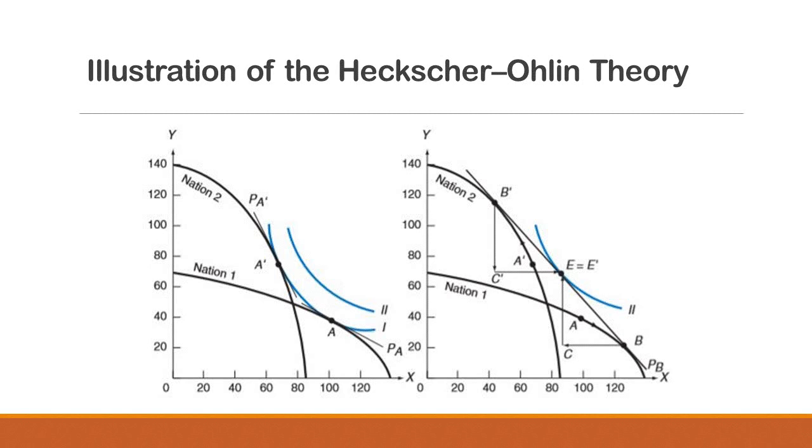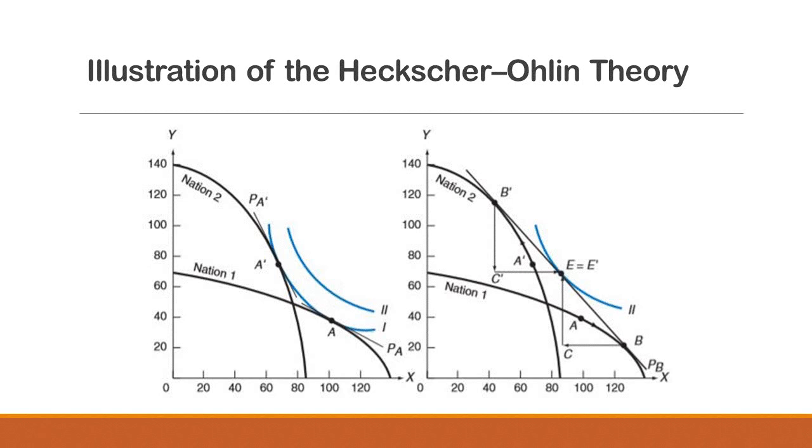Now let us consider the second figure, which introduces the possibility of international trade. In the Heckscher-Ohlin framework, you can see that nation 1's point of production shifts from A to point B in the post-trade situation. Here we are considering the line PB, which shows the international terms of trade.